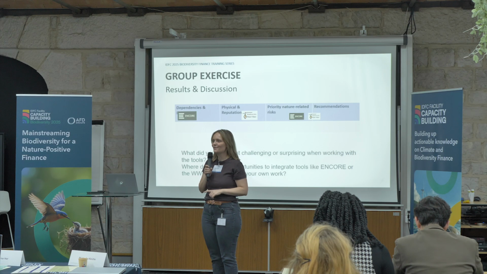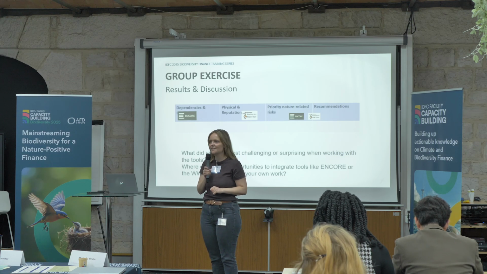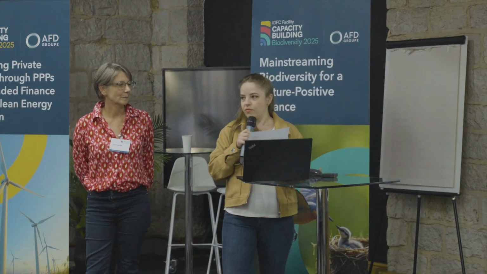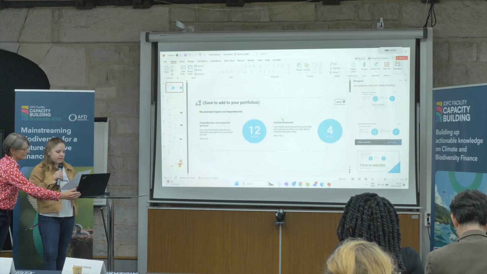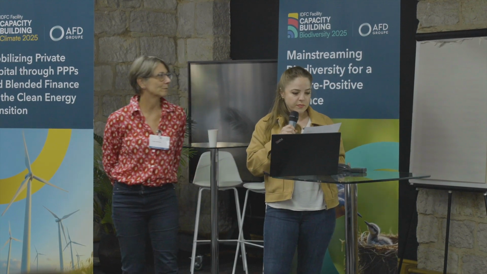Okay, so group number 1, if you could come to the front and present your results. So our company is a cocoa processing facility in Brazil. It's in the agri-food sector. We are financing the expansion of a mid-sized cocoa processing company.